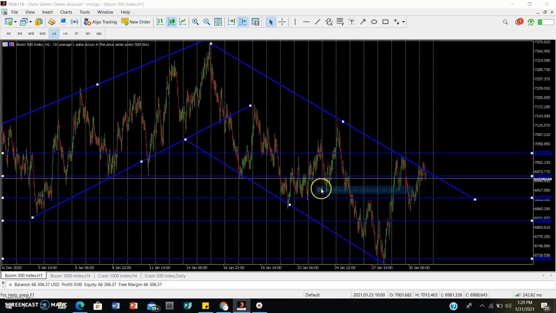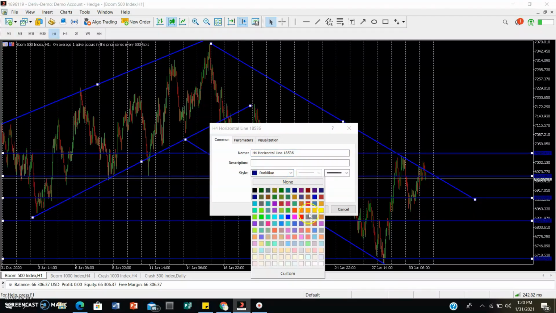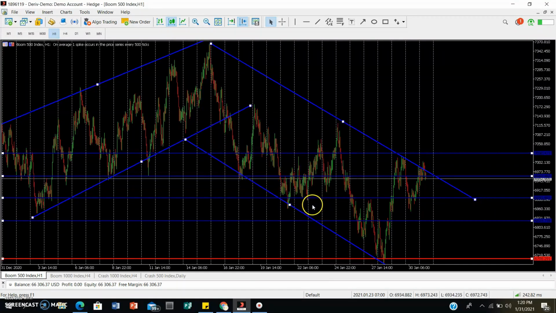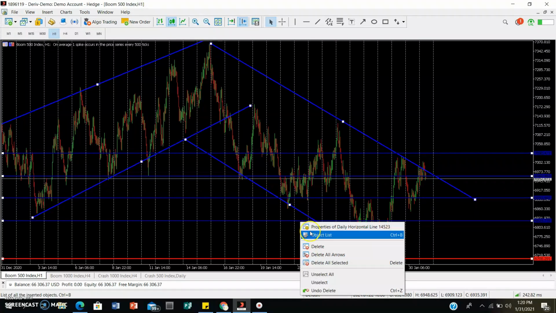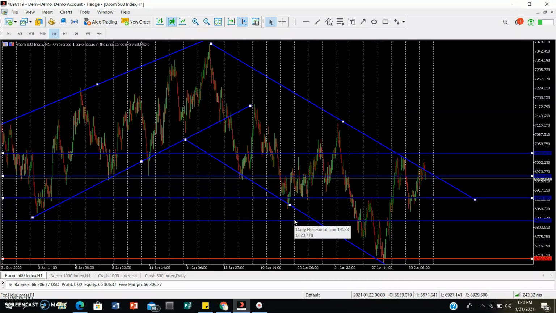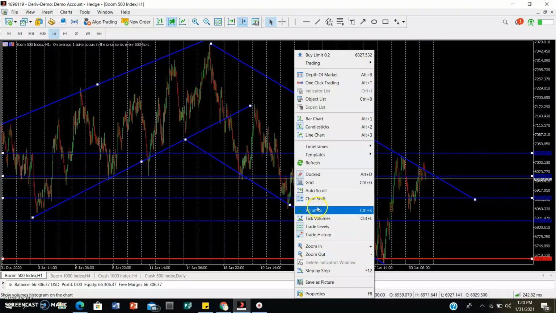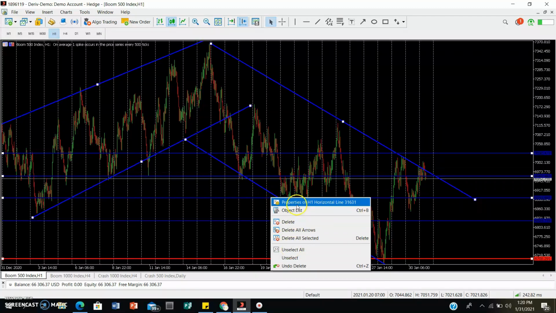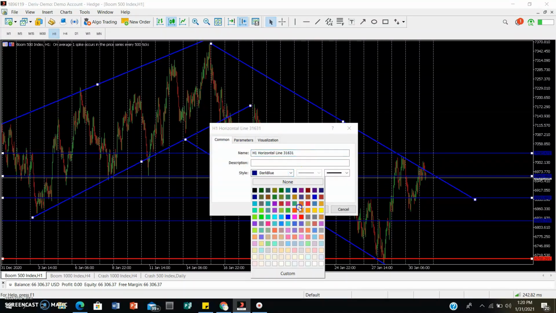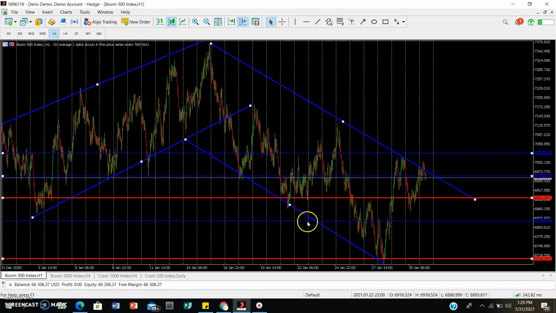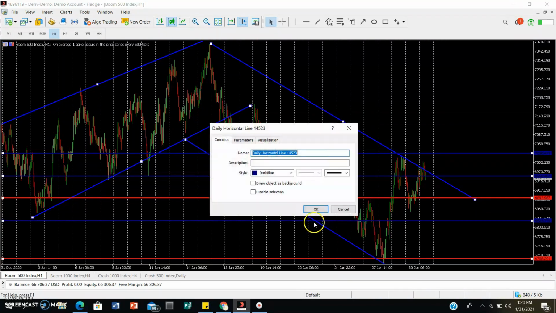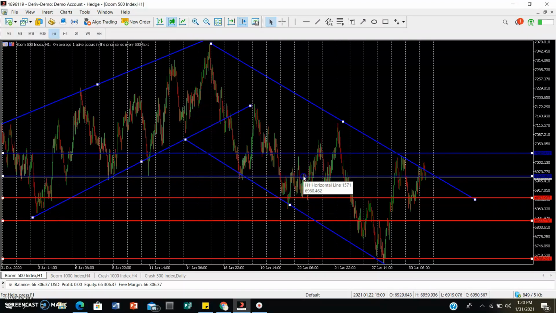But what they basically represent is areas where price was taking major decisions in the market, right? Those are the ones in red. And then what you have left in blue would be trend lines or channels that price was following, right? Trend lines or channels that price was following.